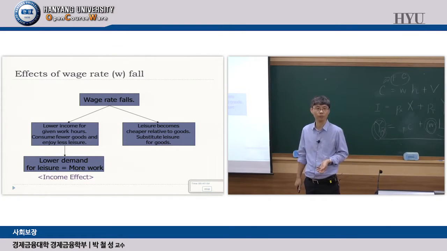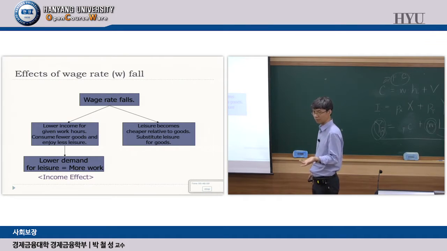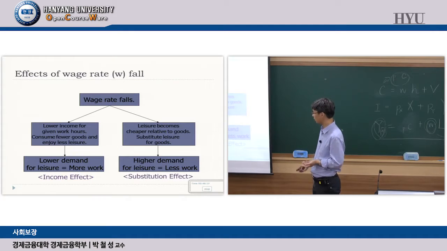Leisure becomes cheaper. If I skip 1 hour of work, I used to lose $10, now I lose only, let's say, $7. Oh, okay, let's skip work today. Because it's nothing. So what? Leisure becomes cheaper, so more demand for leisure, which means less work. Okay? So that we call the substitution effect.